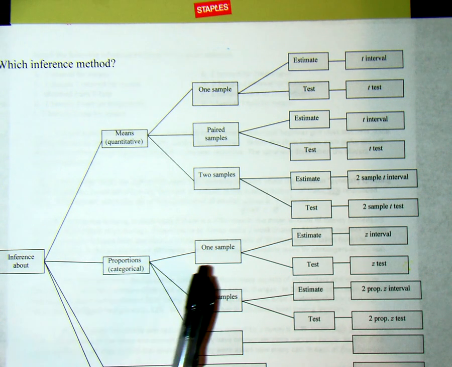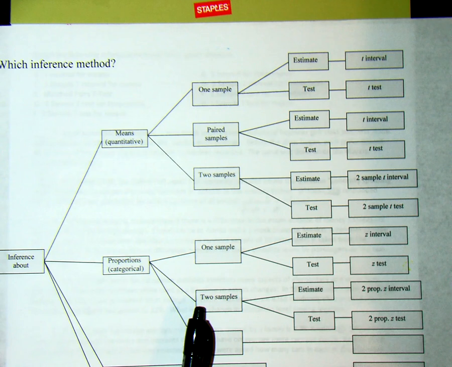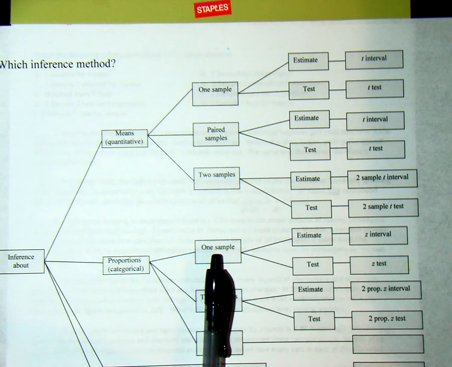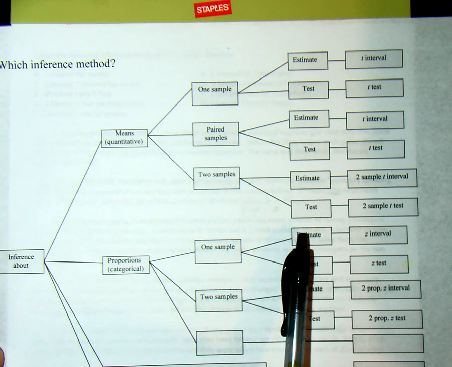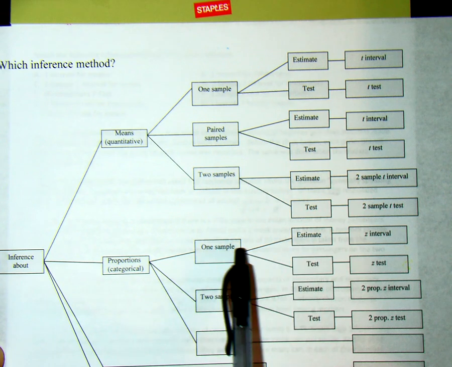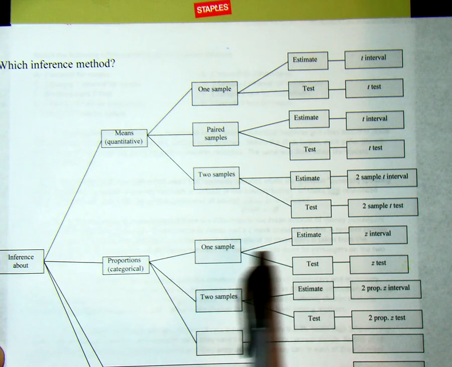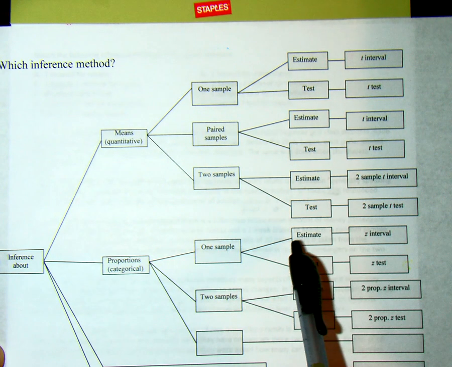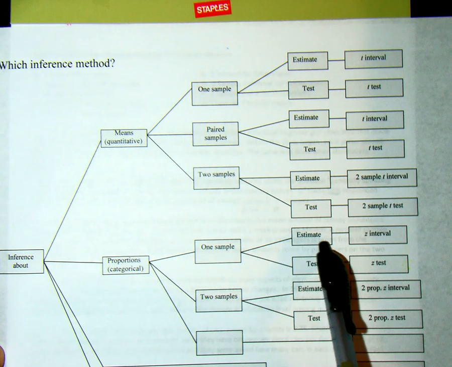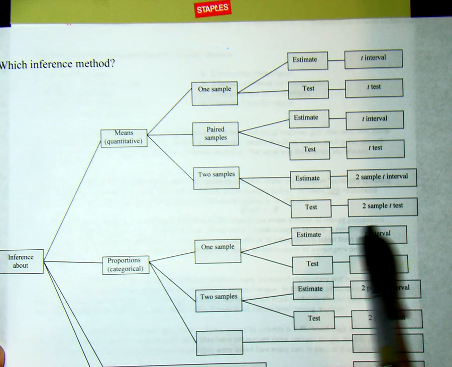In that proportion, was there one sample or two samples? I only had one sample to go off of. And then lastly, did they ask me to estimate, or did they want me to make a decision? Was there enough evidence? In this case, they asked me to estimate, and therefore that led me to the z interval.